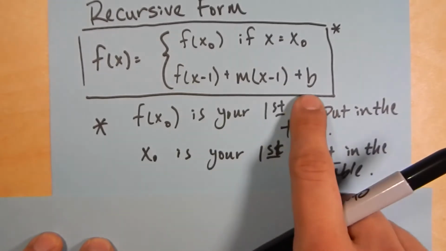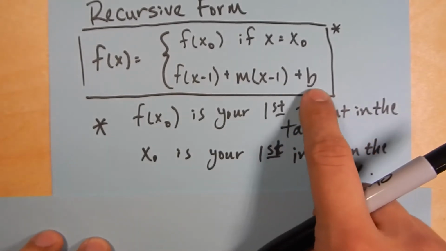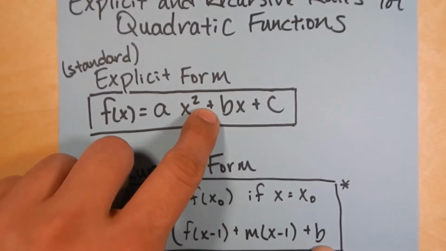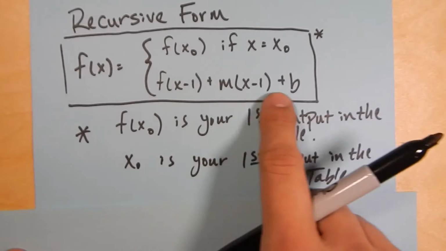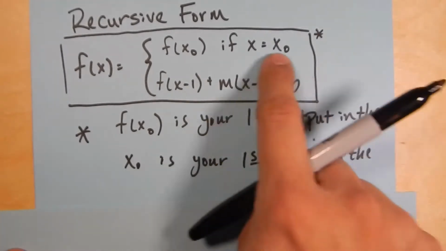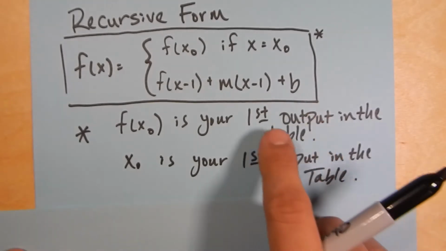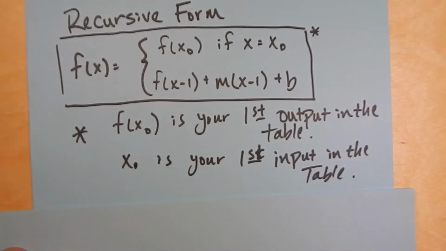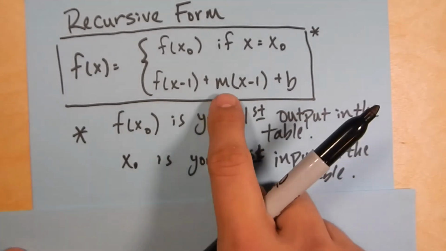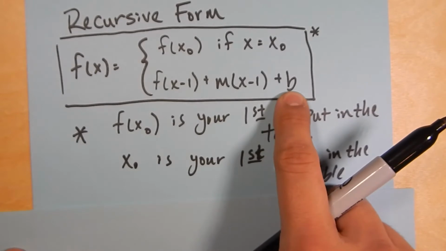And this part, I couldn't find a good way to notate in a way that made sense. This b and this b are different, so don't confuse those. But a good way to think about this is that the last part here is a linear function, and this is found from our difference columns once we get to our tables. So this is a slope of a line, and this is basically a y-intercept.